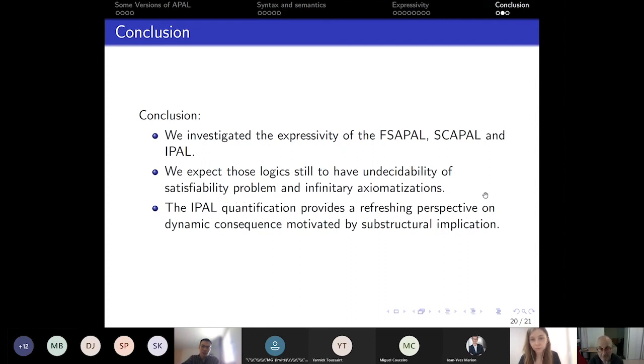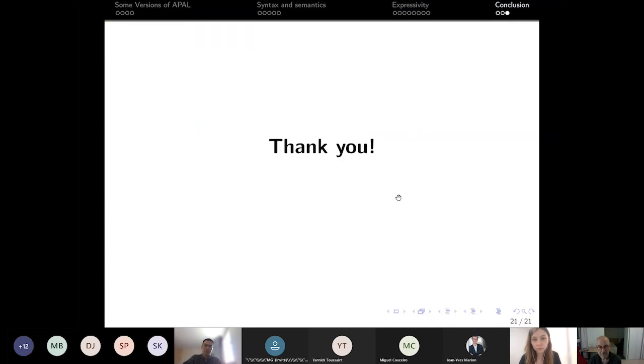This is similar to APAL. And we also investigated IPAL, where quantification provides a refreshing perspective on dynamic consequence motivated by substructural implication. This is something that I have no time to introduce here. Okay, thank you.